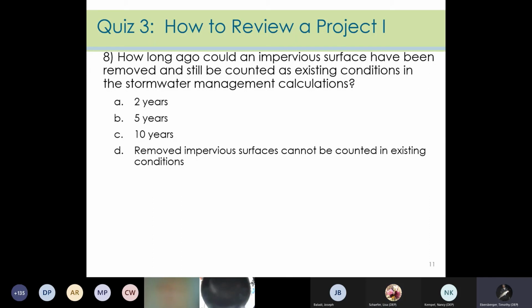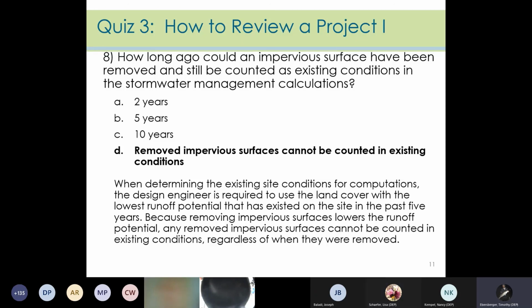How long ago could an impervious surface have been removed and still be counted as existing conditions in the stormwater management calculations? Answer is D. Removed impervious surface cannot be counted in existing conditions. When determining the existing site conditions for computations, the design engineer is required to use land cover with the lowest runoff potential that has existed on the site the past 5 years.